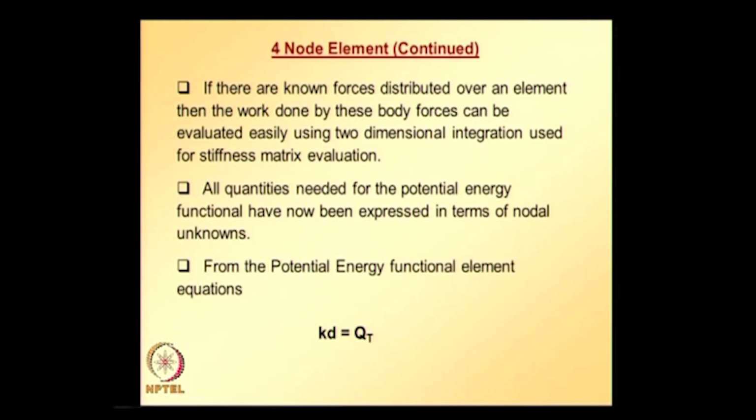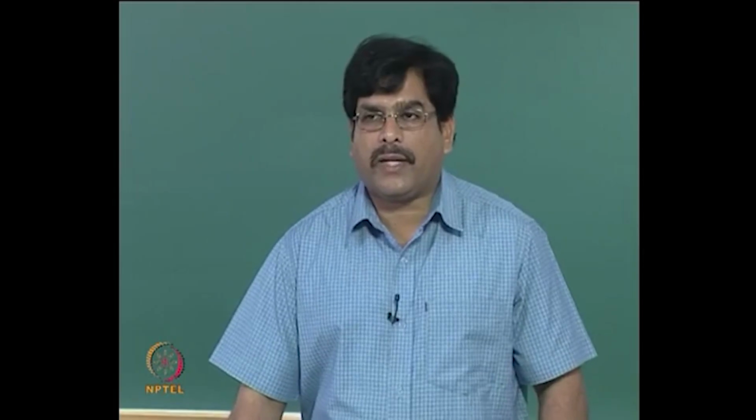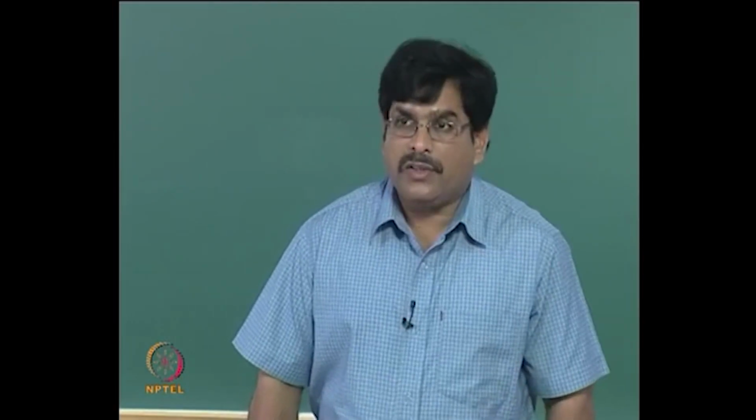So, to illustrate all these details, let us take an example. The example is the same as what we used for illustrating the 3 node triangular element, except that there we adopted 2 three node triangular elements, whereas here we will be using only one 4 node quadrilateral element for solving the same cantilever plate problem.